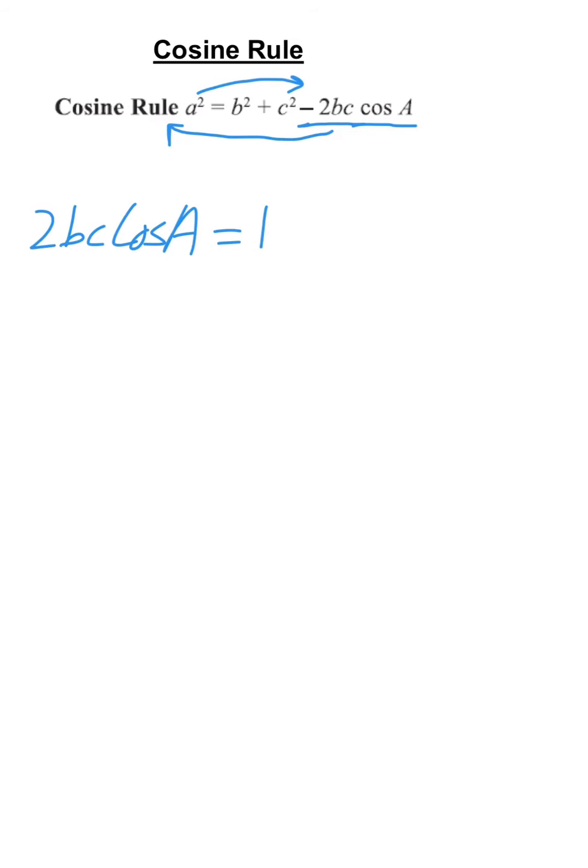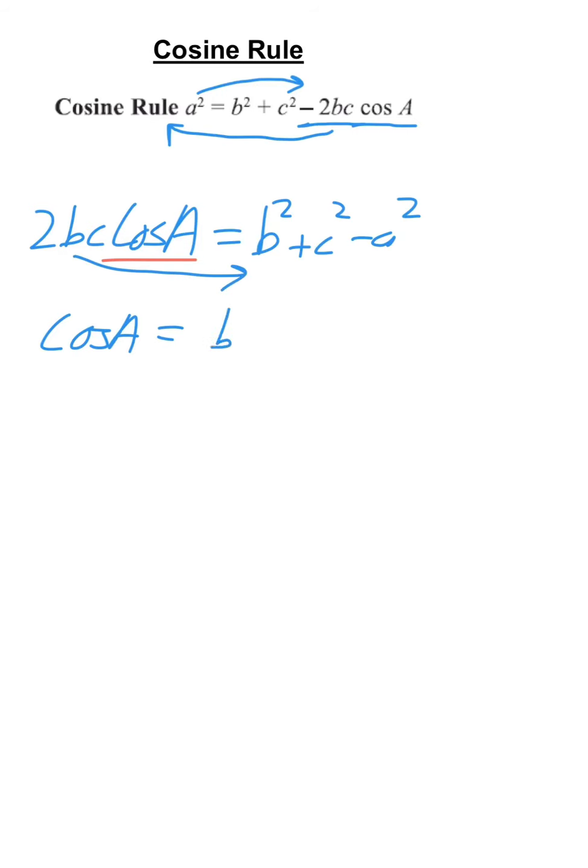So on the right now I have b squared plus c squared minus a squared. Now again, I want cos A on its own, but there's a 2bc in front of that. So now cos A is equal to, bring the 2bc across and divide. So cos A is equal to b squared plus c squared minus a squared all over 2bc.